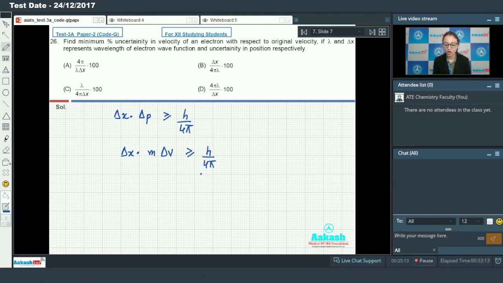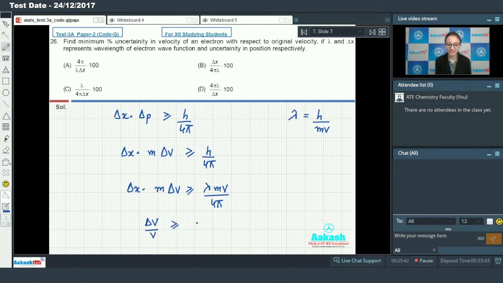And also, according to de Broglie's hypothesis, we know lambda is h upon mv. If we substitute the value of h, we will get lambda mv divided by 4 pi. And we need to find delta v by v.